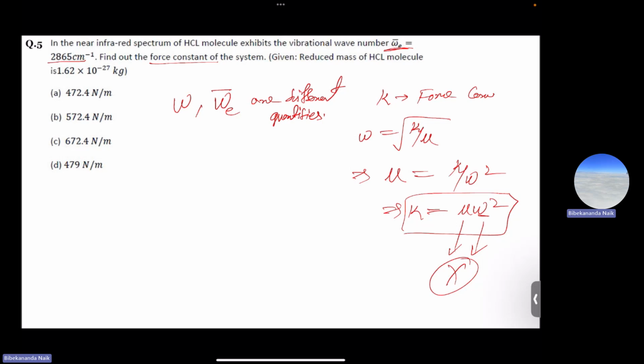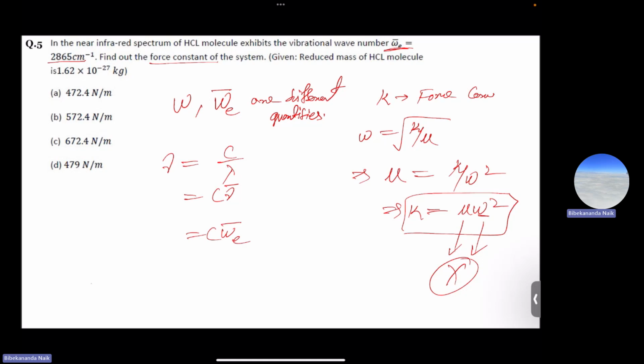So how will we approach this question? We know the relationship between frequency, velocity, and wavelength: frequency equals velocity by wavelength. One by wavelength is called the wave number, so nu equals c nu bar. This nu bar is nothing but omega E bar.